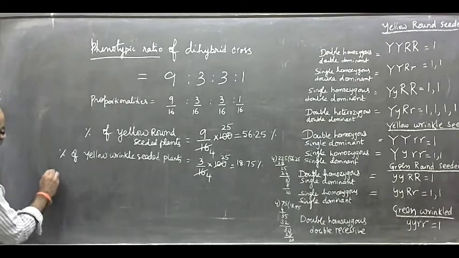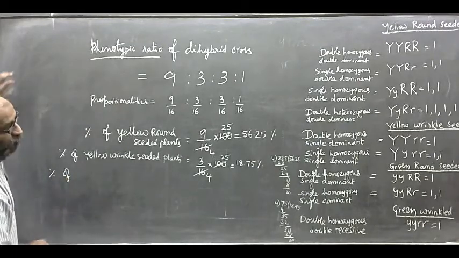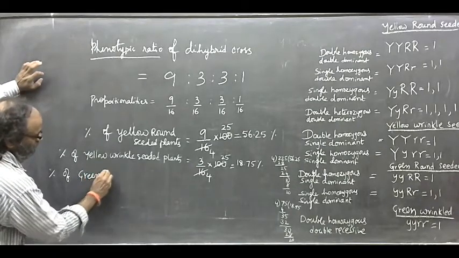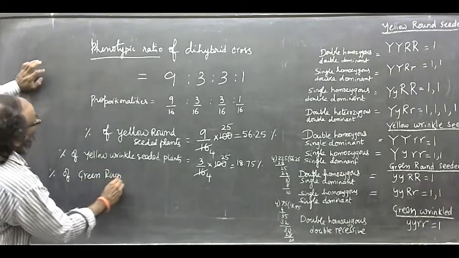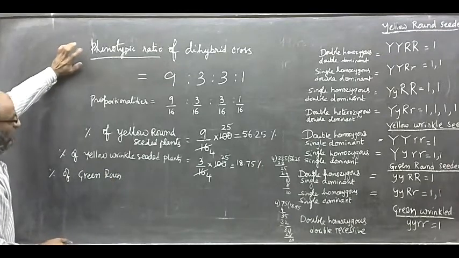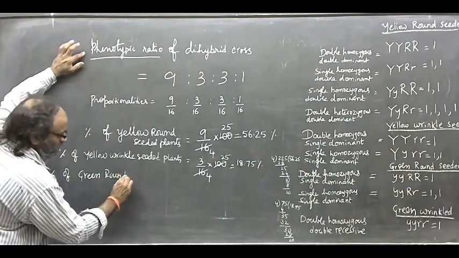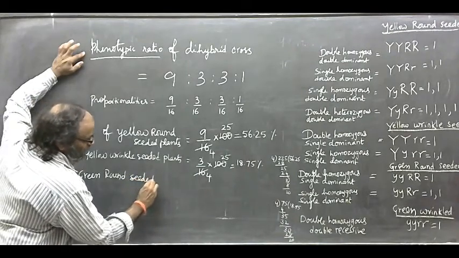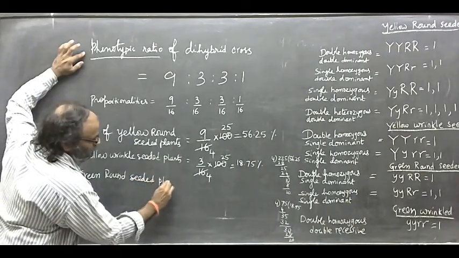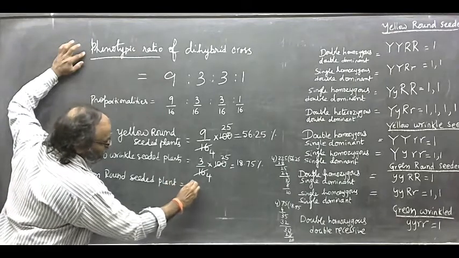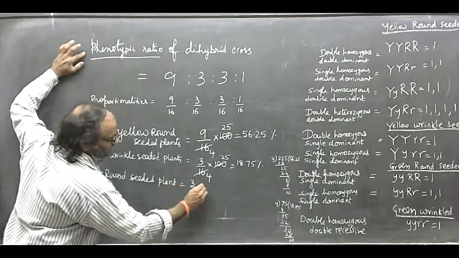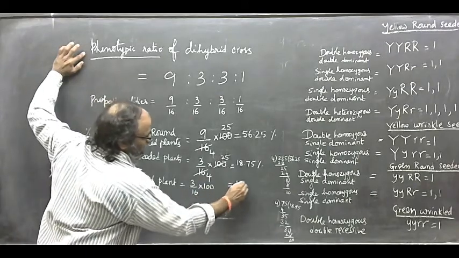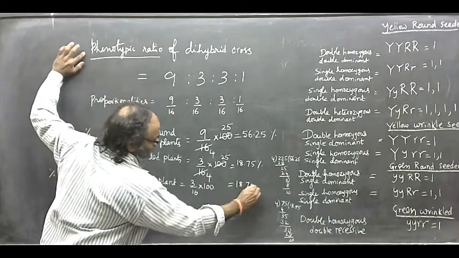And similarly, the percentage of green round seeded plants in F2 generation, we are analyzing the phenotypic ratio of dihybrid cross. Remember, green round seeded plants are also 3 out of 16. Therefore, its percentage is also 18.75%.